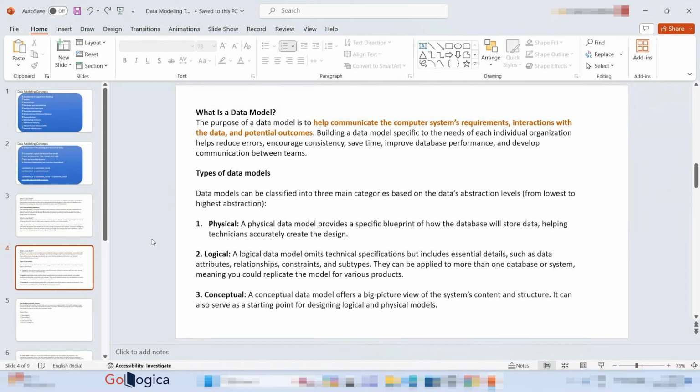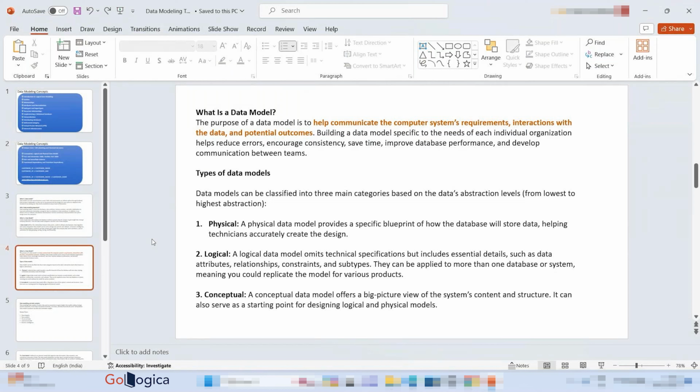In simple relational data models, we are going to create two things mainly. The first is the ER diagram, the entity relationship diagram in relational databases, and we are going to extend the same thing here in our data modeling part. This is called a dimensional model, having three types of data models: physical, logical, and conceptual.